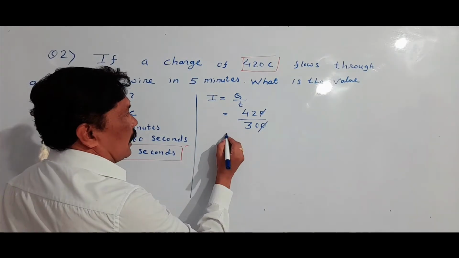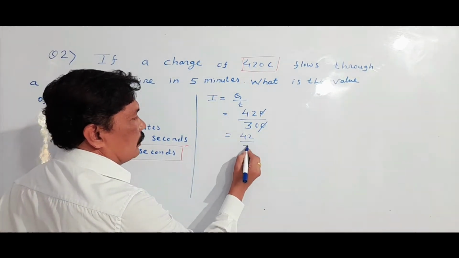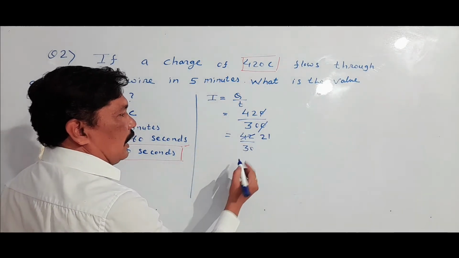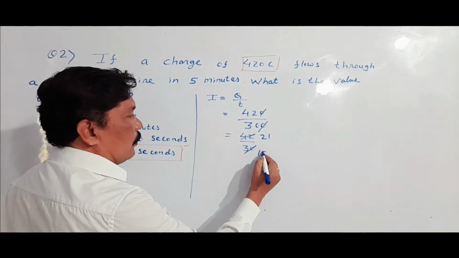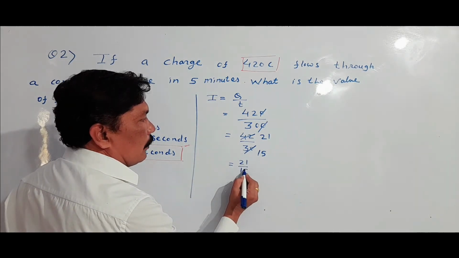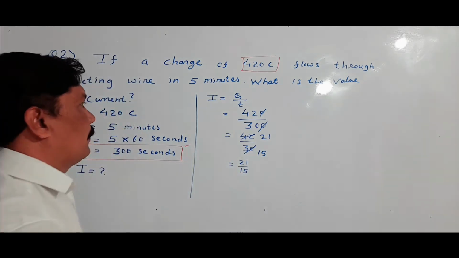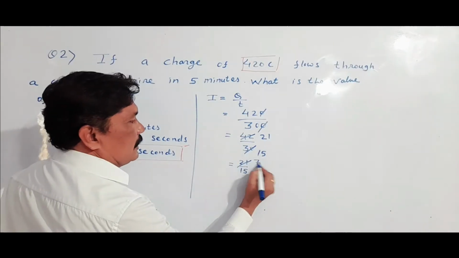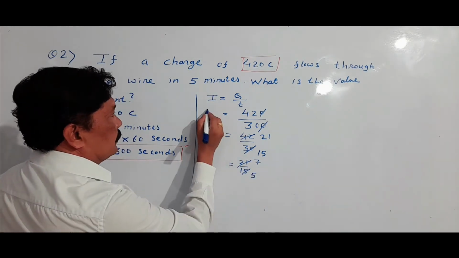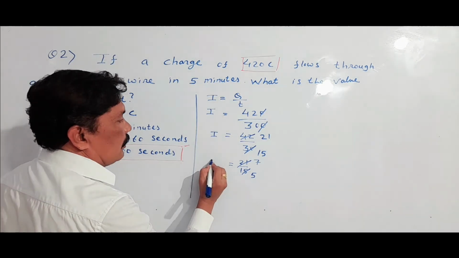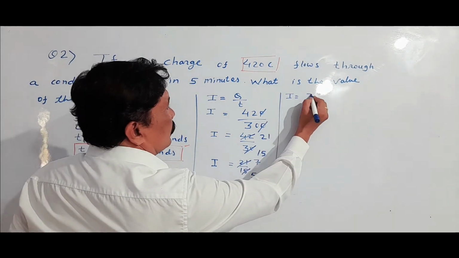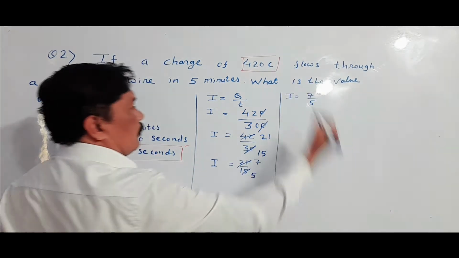Zeros cut, I is equal to 12 upon 30. 2 twos are 4, 2 ones are 2, so I is equal to 2 upon 5. I is equal to 7 by 5.